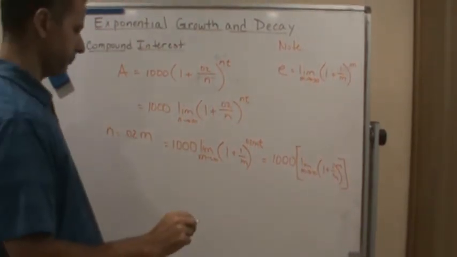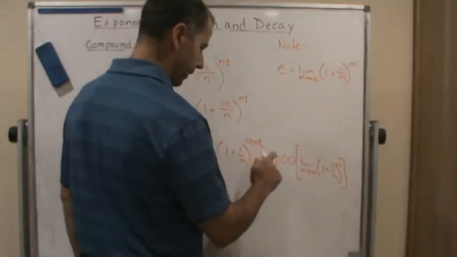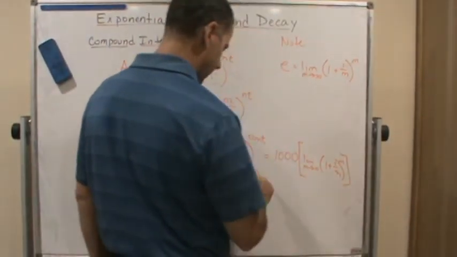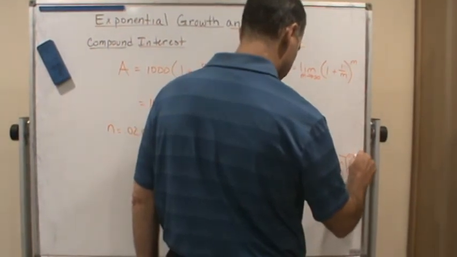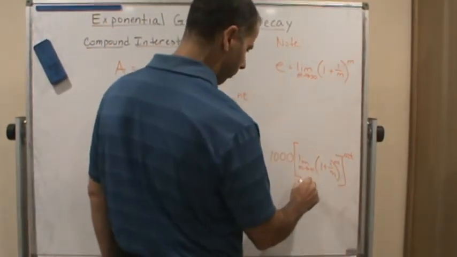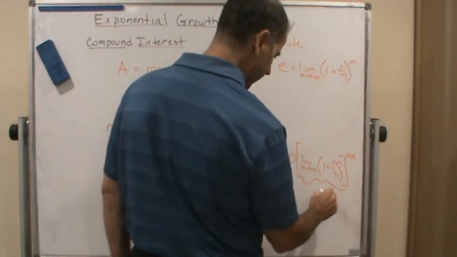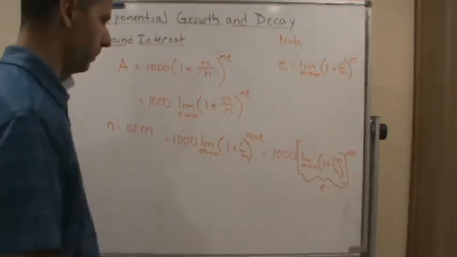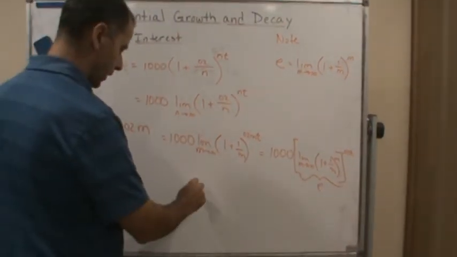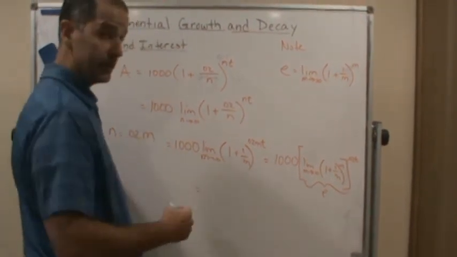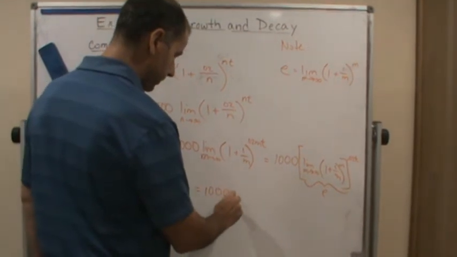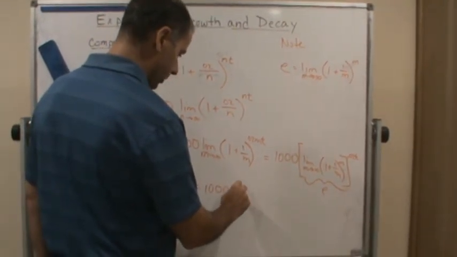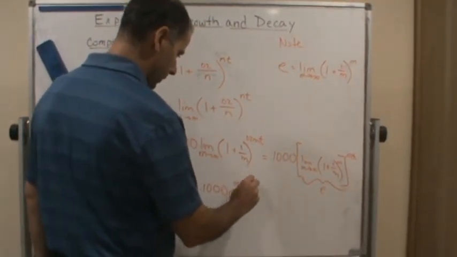Right? And I'm going to pull the m in, like that. And then the rest is going to be 0.02 t. Now, this inside here is e. And so this becomes what we call continuous compounding, 1,000 e to the 0.02 t.